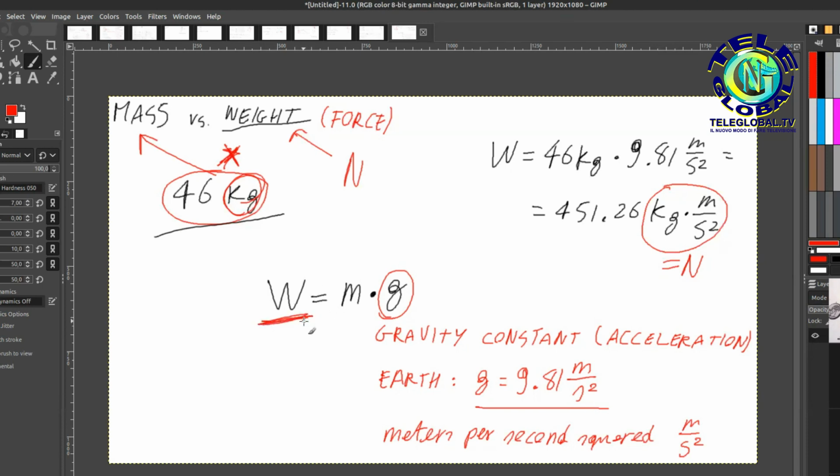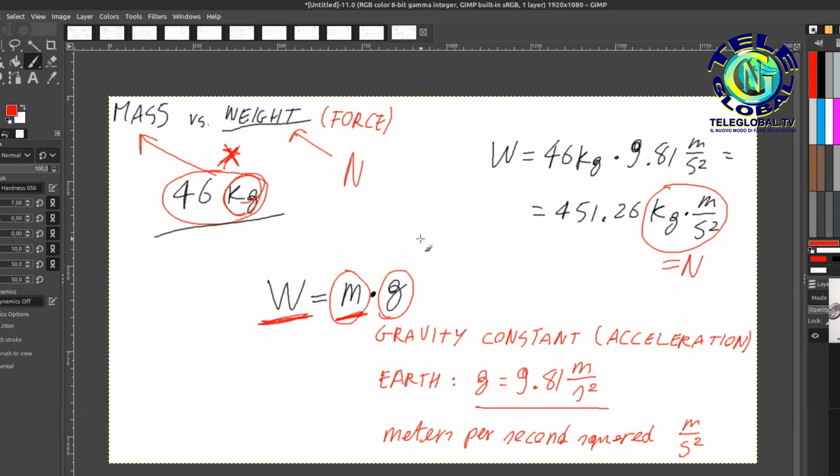So weight is defined as the force that whatever planet you are on is exerting over you, while mass is more like the quantity of matter that is in your body. Okay. So your mass is always constant. Well, actually, the mass of a human changes for reasons unrelated to what we're studying.